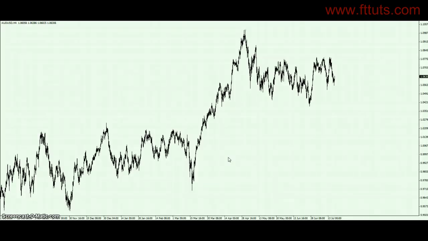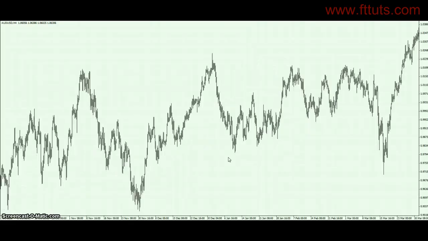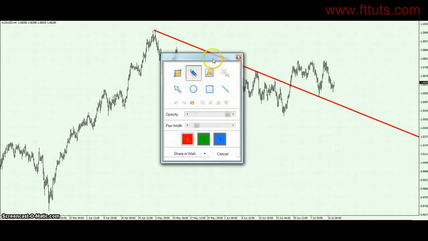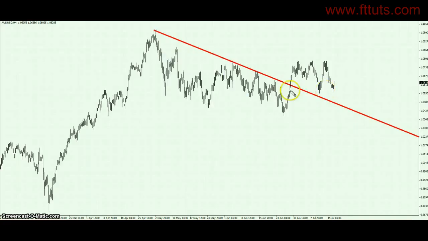Here I just want to demonstrate one particular trend line, where if we take the highs of this 4-hour consolidation, we see a very clear breakout of the trend line over here.